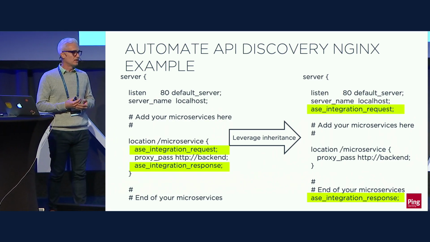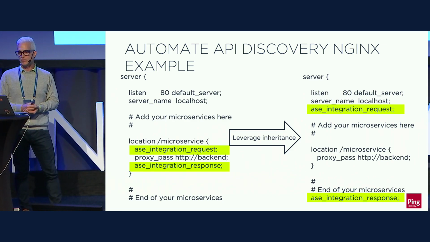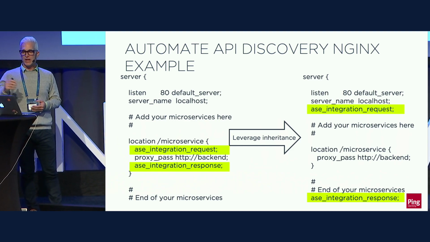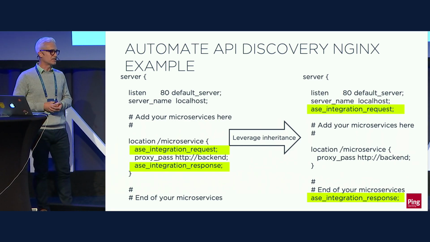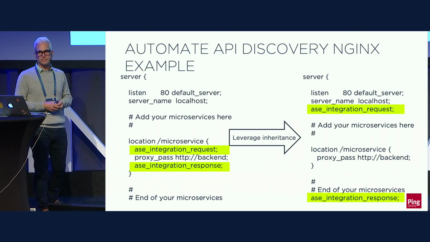But leveraging inheritance in an Nginx configuration, you can move these out, and then anytime somebody adds a microservice in there, they would automatically inherit the collection of that metadata.